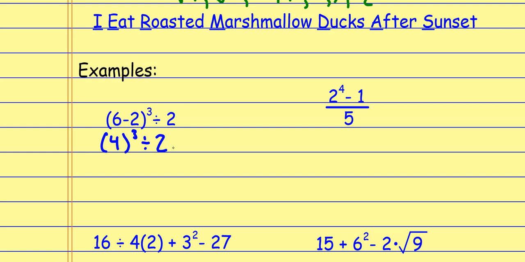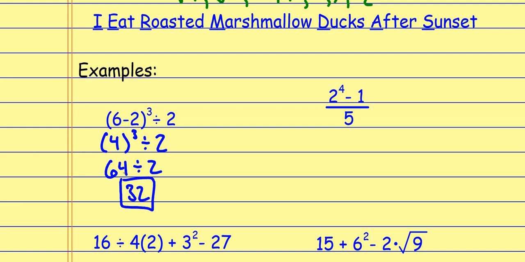And I start over and say, okay, let's go through inclusion symbols, then exponents, roots, then multiplication, division, then addition and subtraction, okay? So now I have an exponent. There's nothing left to do in the parentheses, so that step is done. I have an exponent. I have division, so I do the exponent next. 4 to the third power is a 64. And now I do the division. 64 divided by 2 is a 32.